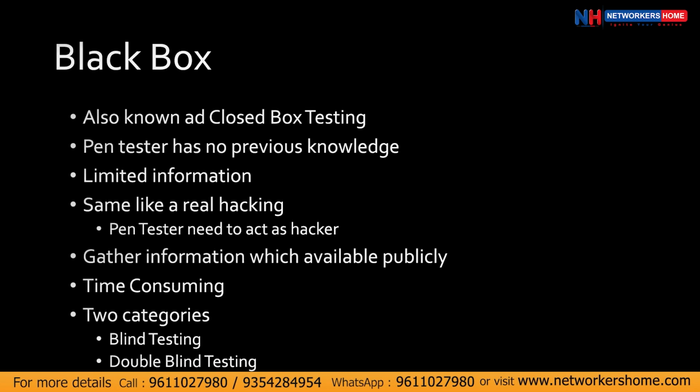But as a pen tester, we need to act as an attacker, and we don't have any prior knowledge. We need to gather information from the public environment, publicly available, social media, OSINT, whatever you can count, which we'll discuss in detail in the practical lab section. That is the way we do the pen testing, and that is actually black box.